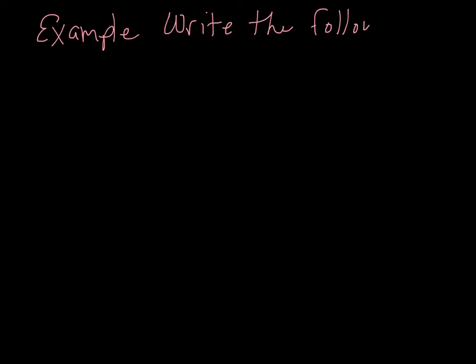Okay, so we're going to go through a couple examples. I'm going to call this example 1 so that it kind of matches what's in your book. And the instructions say, write the following sets in two ways.